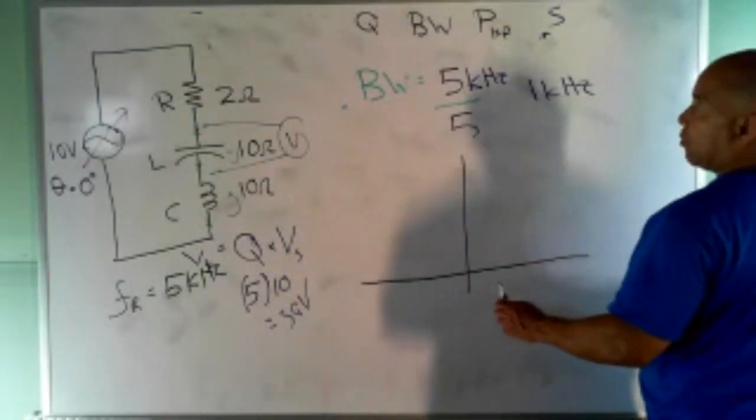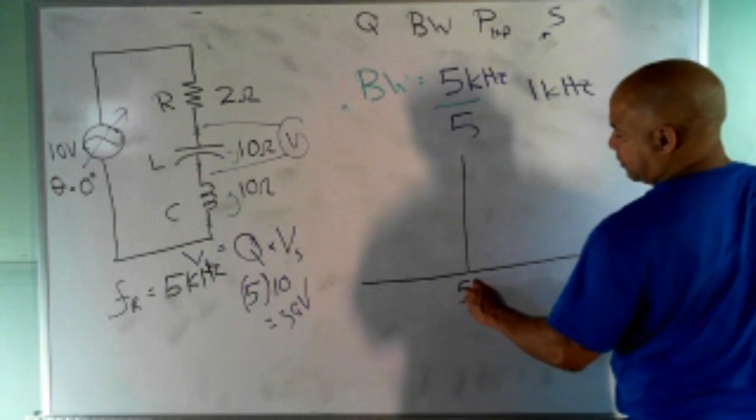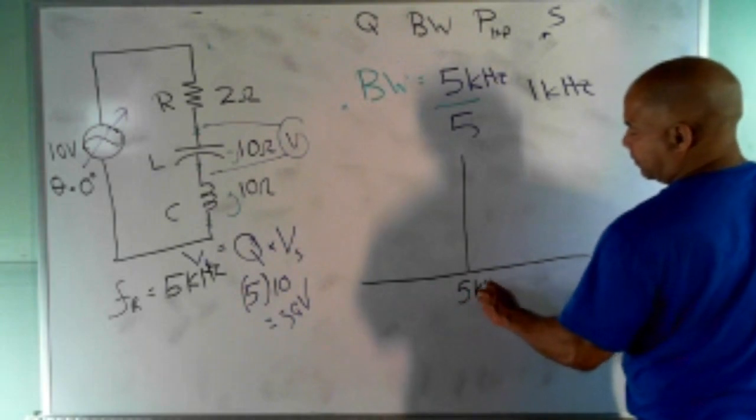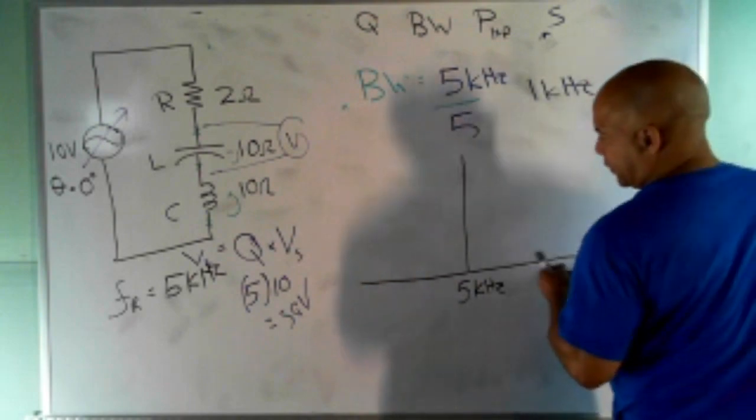Exactly. And let's see what Jacob's talking about. So we know the resonant frequency is 5 kilohertz. And we also know that the curve looks like this.